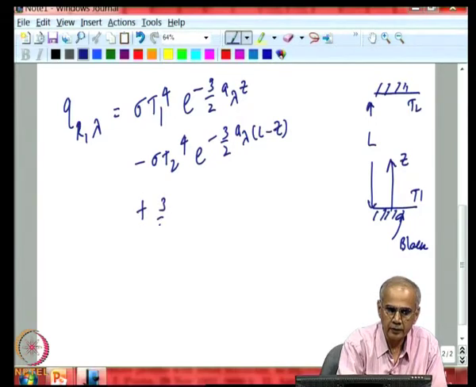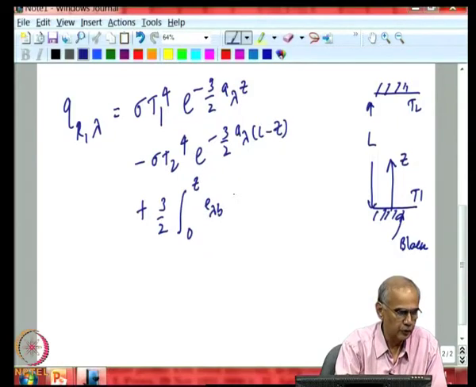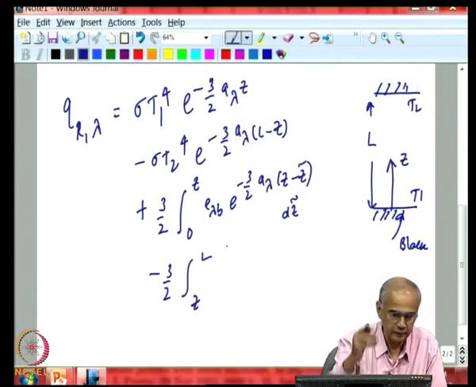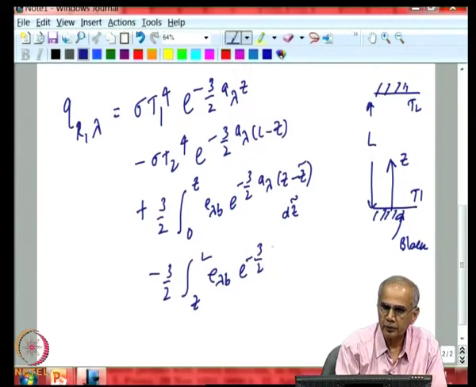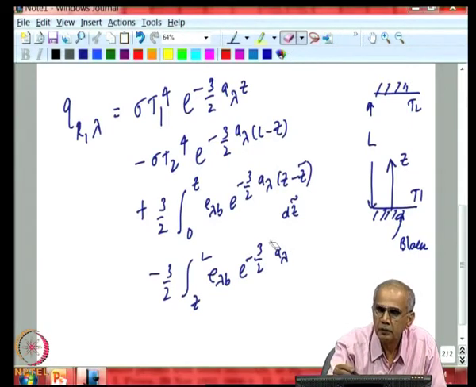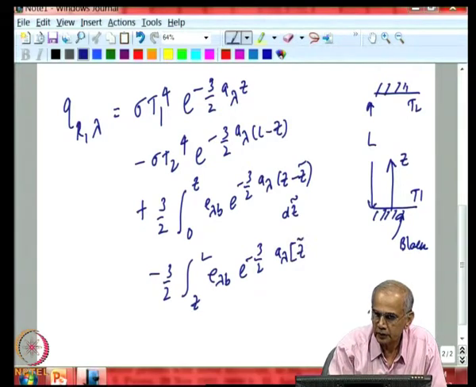Then you had the emission from all gas elements between 0 and z. And finally, all the downward emission from all the gas elements above z, E lambda b e to the power of minus 3 by 2 a lambda into z tilde minus z.